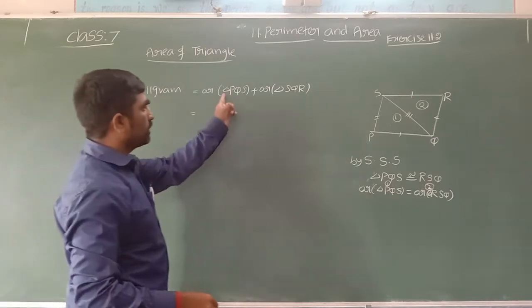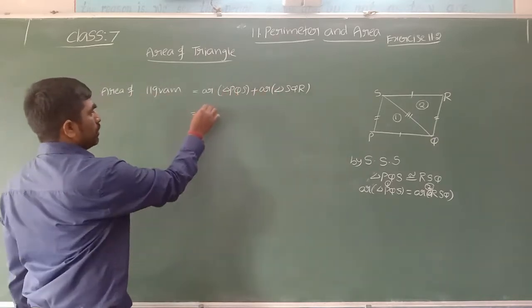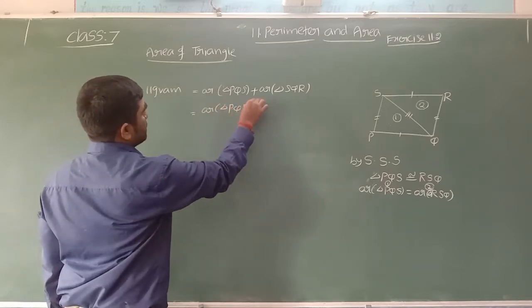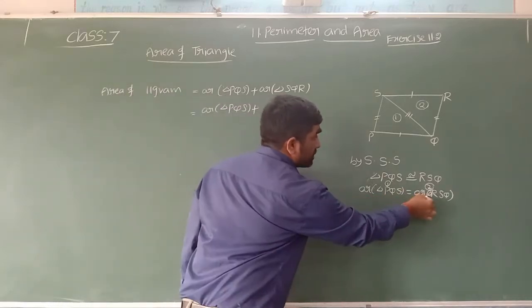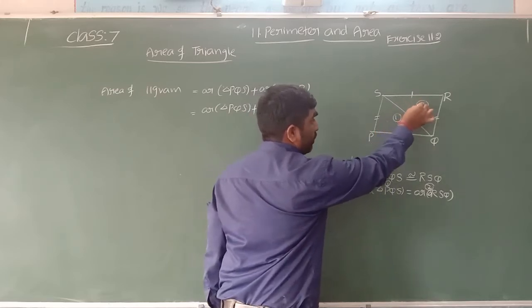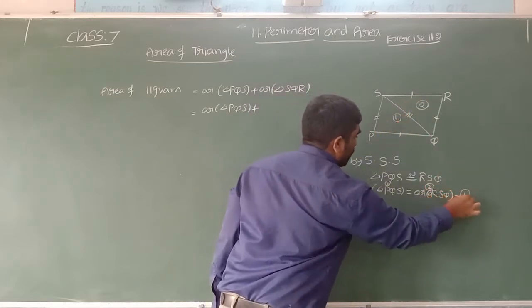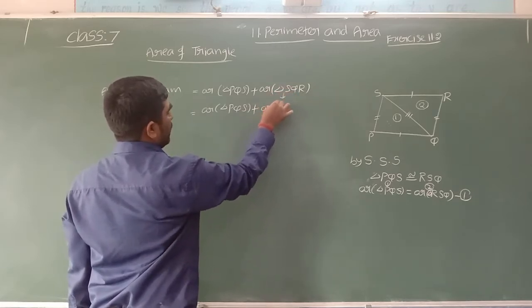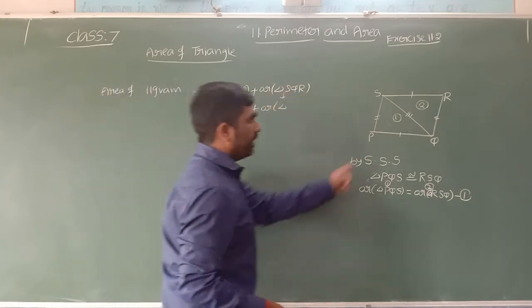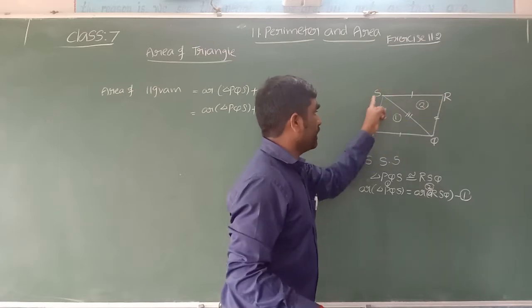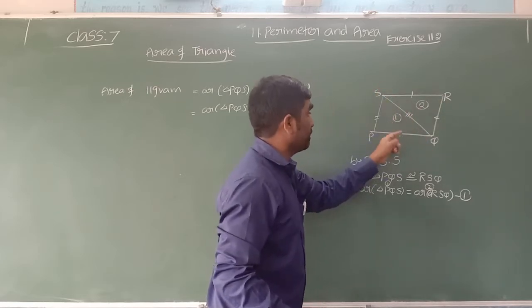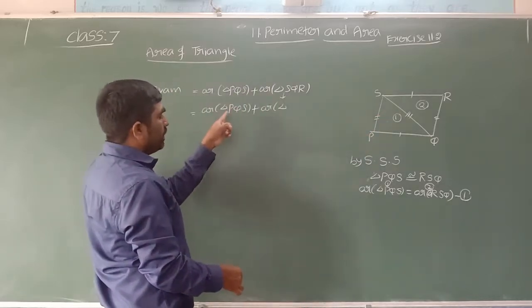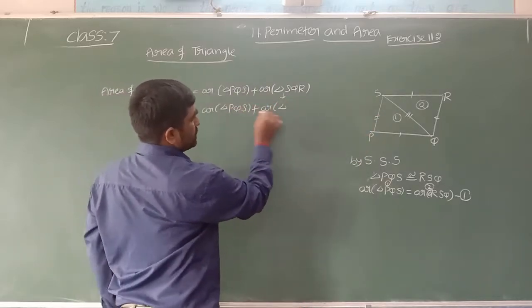And I said both triangles are congruent. So let me write area of triangle PQS plus, I said both the areas are equal, area of the first part equals area of the second part. The reason is both are congruent. So instead of the area of triangle SQR, we can write area of triangle SPQ also. Instead of the second part, we can write the first part also, because I want to express both in terms of the first part.